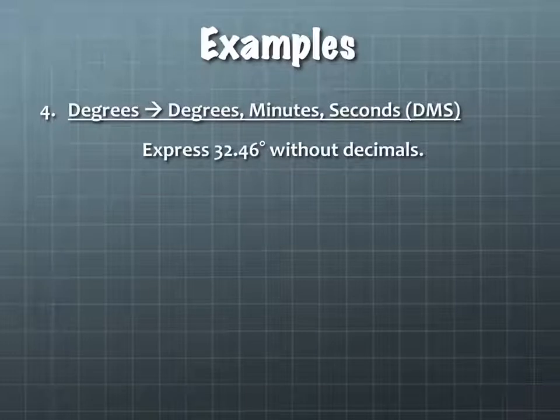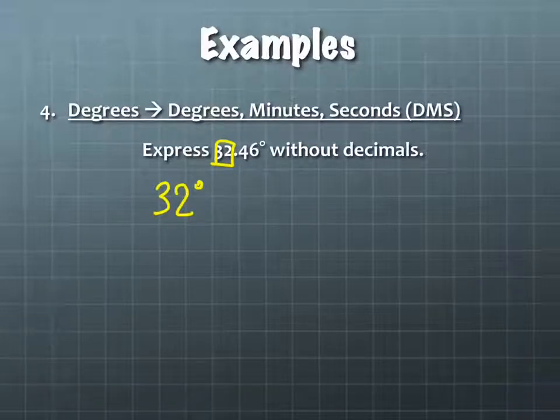The process is not difficult, but you do need to remember which way you're going. That's going to be the catch for some people, remembering, do I multiply or do I divide? So on this one, the 32 at the beginning is already in degrees, so we don't mess with it. It's going to be 32 degrees. It's the 0.46 that we're wanting to change.